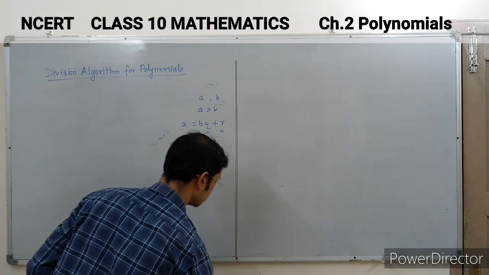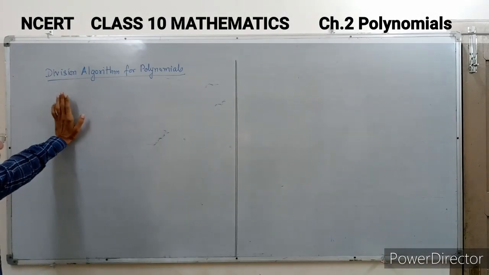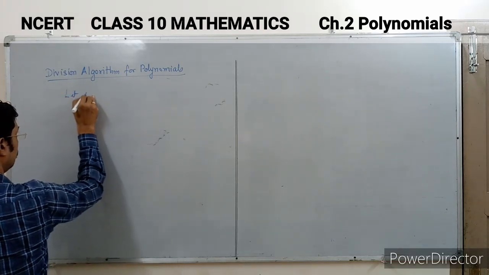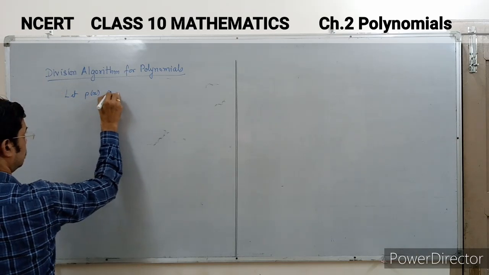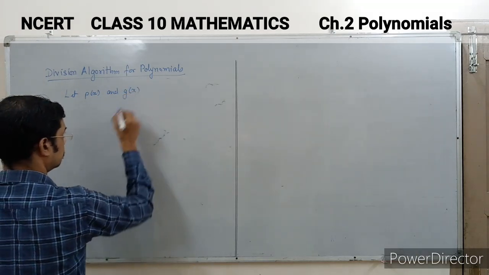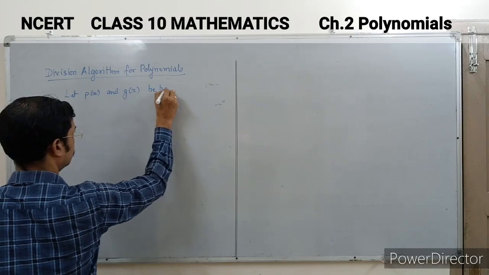Now how can we extend to polynomials? Let us consider two polynomials, p of x and g of x.